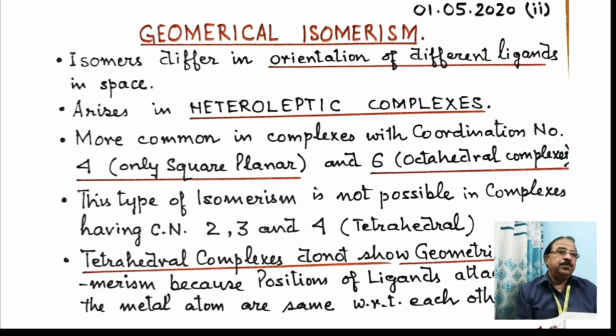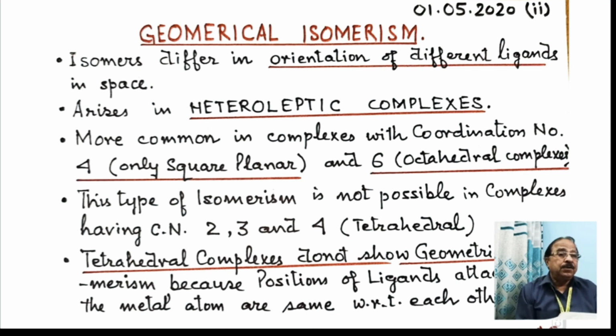If we talk about coordination number 4, there are two possible geometrical shapes: one is tetrahedral and the other is square planar. In tetrahedral complexes, this type of geometrical isomerism is not seen.